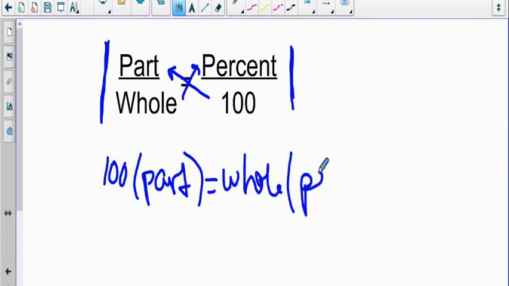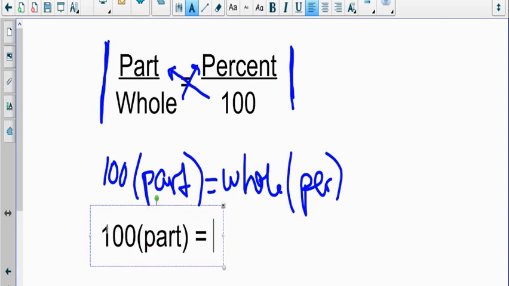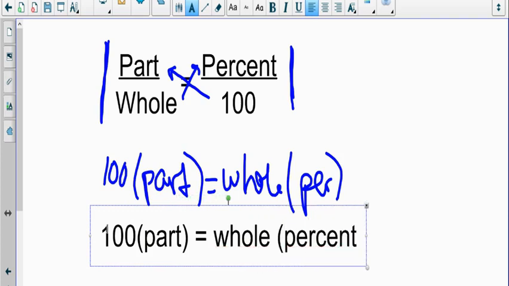My handwriting will get a little sloppy, so I'm going to switch to typing. We have 100 times the part, and that equals the whole times the percent.